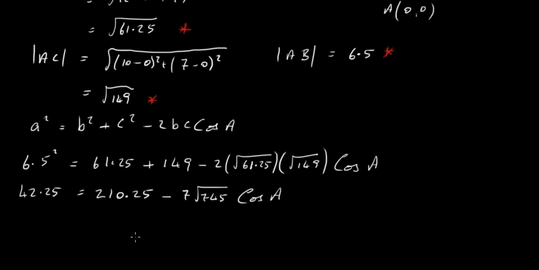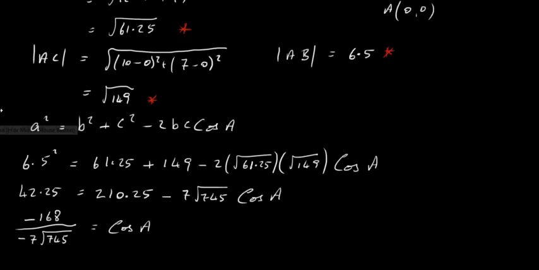Okay, so now what I'm going to do is I'm going to take this, I'm going to subtract 210.25 from both sides, so I'm going to bring it over here and subtract, if you like, and then I'm going to divide by minus 7 root 745. So what I end up with when I do that is on the top I end up with minus 168, and then I divide by the minus 7 root 745, and that gives me the cosine of A here.